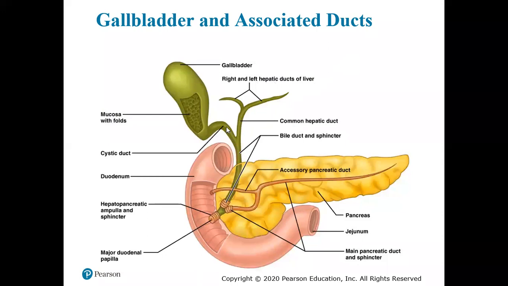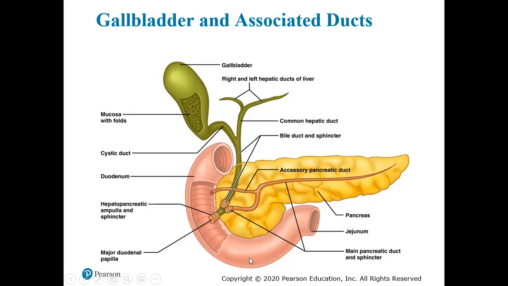The bile then goes back up the cystic duct to get stored in the gallbladder. If we have a fatty meal, the gallbladder gets stimulated to release bile back through that cystic duct into the common hepatic duct, where it joins with the pancreatic duct at the hepatopancreatic ampulla.